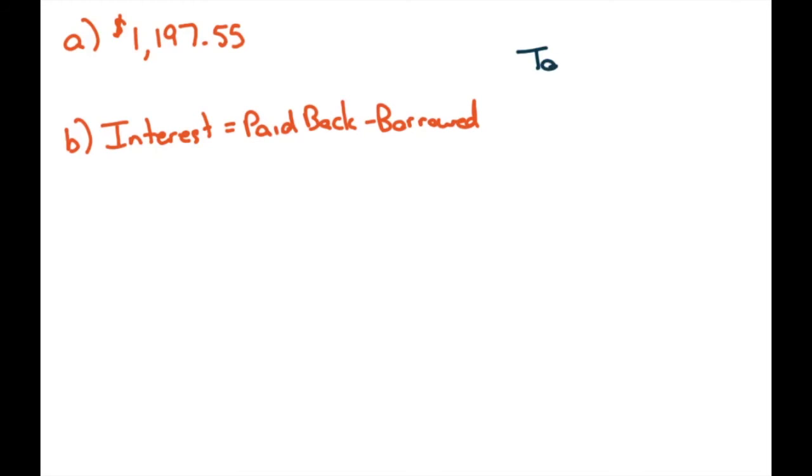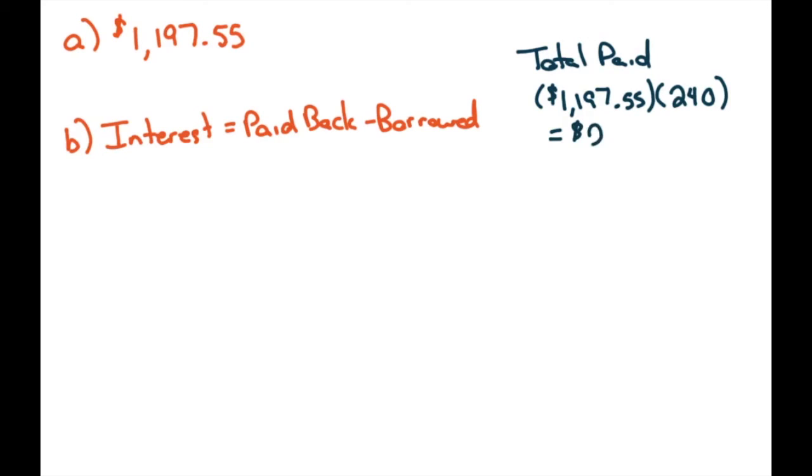So Jose's total payments, the total that he's paid, would be that $1,197.55 multiplied by the number of payments that he made, and he made 240 payments on this mortgage. Working that out means his total payments to this bank are $287,412.